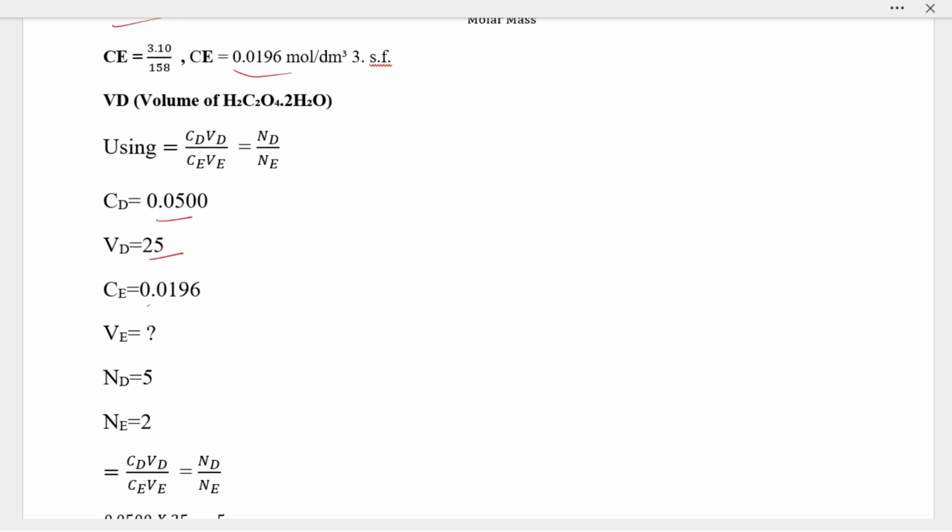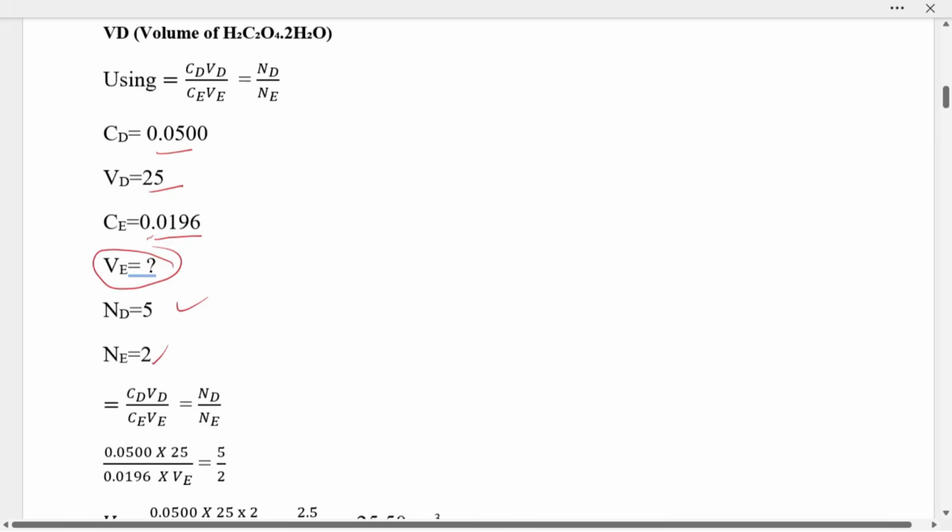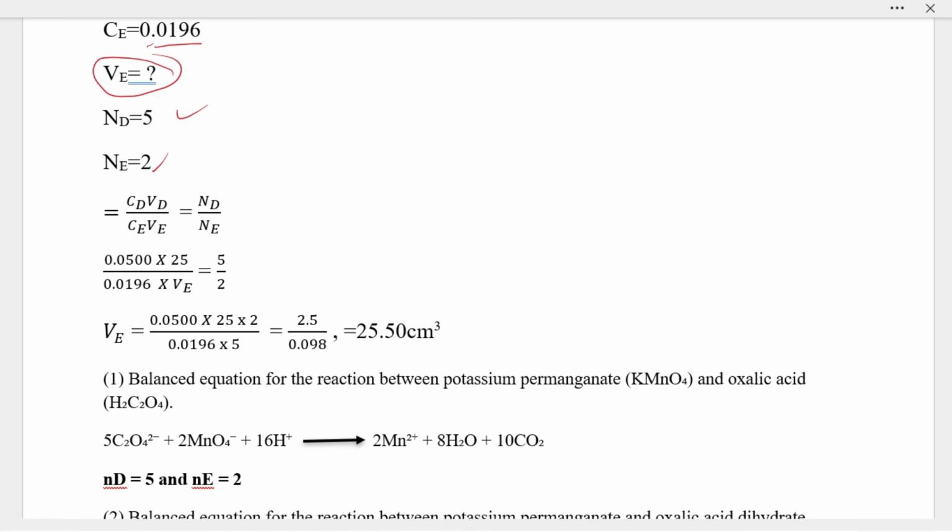Your concentration of E is 0.0196. We are looking for the volume of E now, that's the volume of KMnO4 in that reaction. So when you do that with your ratio, you are going to have the final answer to be 25.50 cm³. So that's going to be your volume of E.